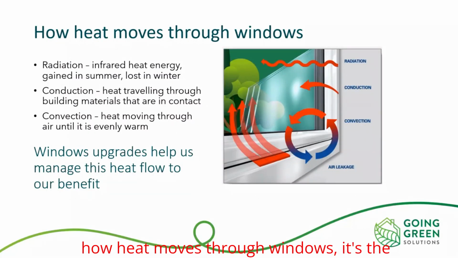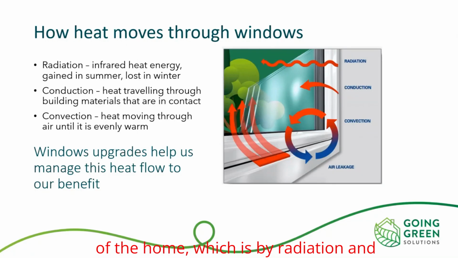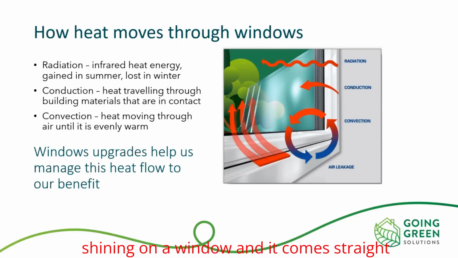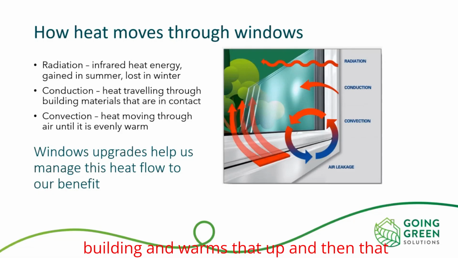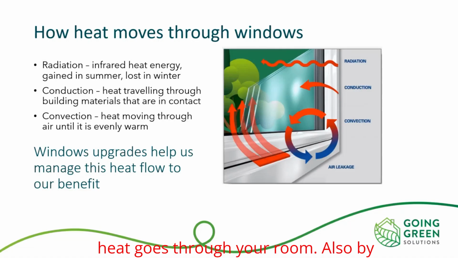So how heat moves through windows, it's the same way that heat moves into and out of a home, which is by radiation. And that's when, for example, the sun is shining on a window and it comes straight through, hits the ground of your inside building and warms that up, and then that heat goes through your room.